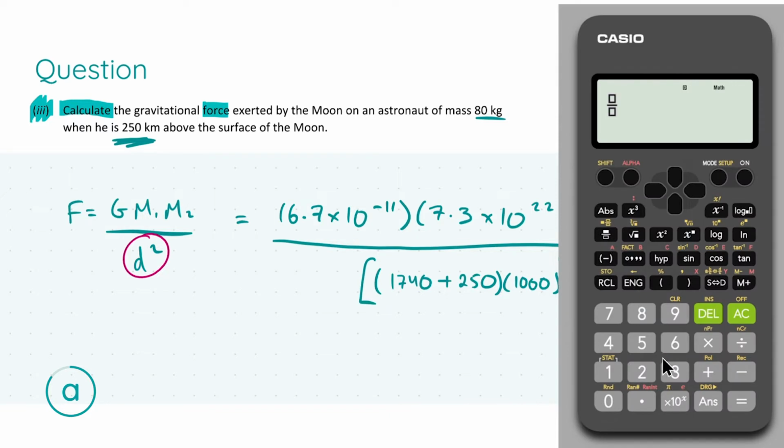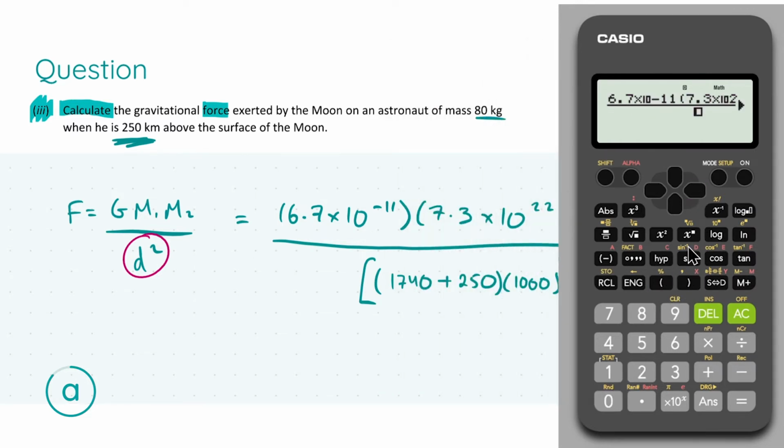Plugging that into our calculator, we have Newton's gravitational constant, 6.7 by 10 to the minus 11, multiplied by, in brackets, the mass of the moon, 7.3 by 10 to the 22, and the mass of the other body, the astronaut, which is 80 kilograms.